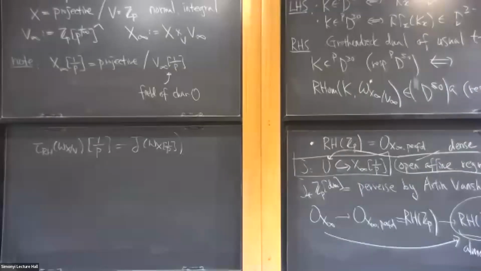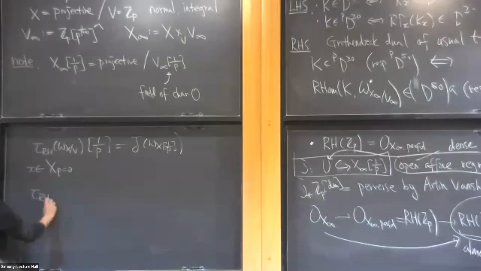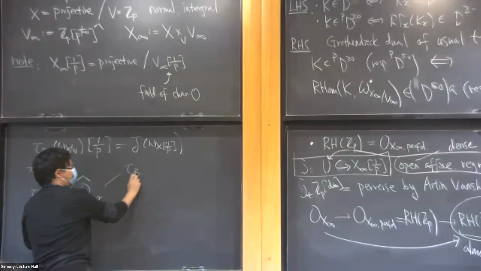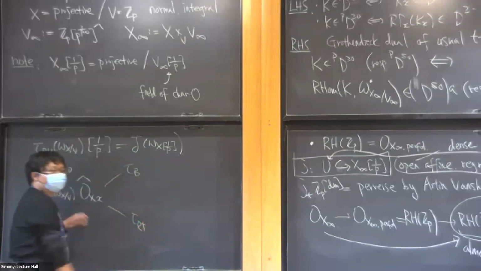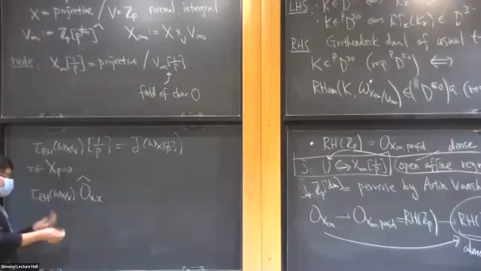But for points on the special fiber, we want to compare this power H at the completed stalk with tau R plus. The results here are still not totally complete.